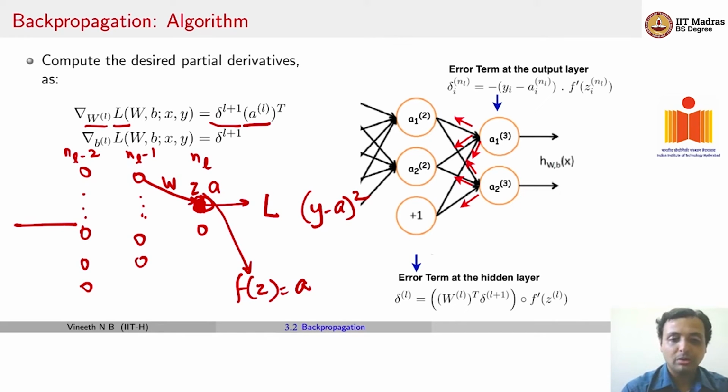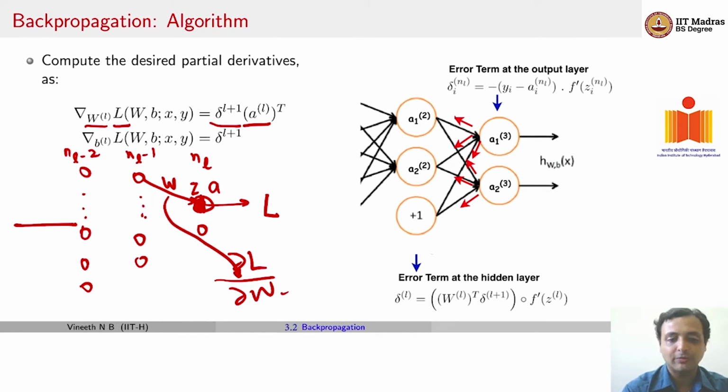So to compute the gradient with respect to w, to compute dou L with respect to dou W, for the moment let's consider this weight, that's what we're computing with respect to. We apply the chain rule.